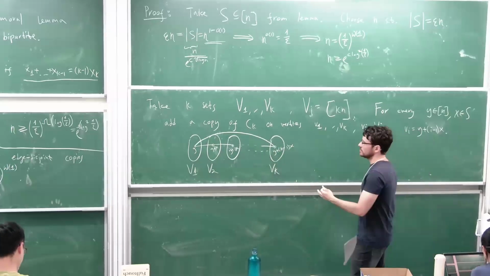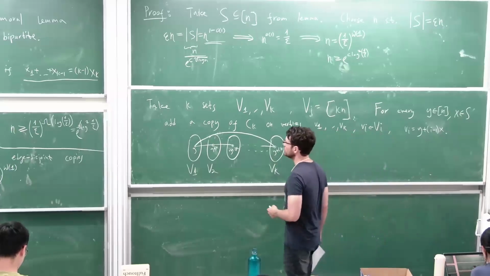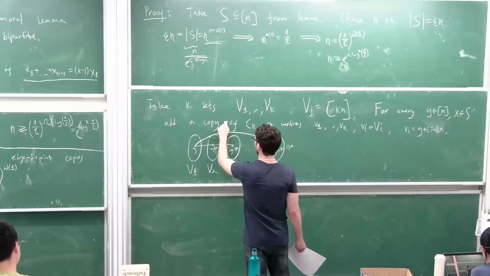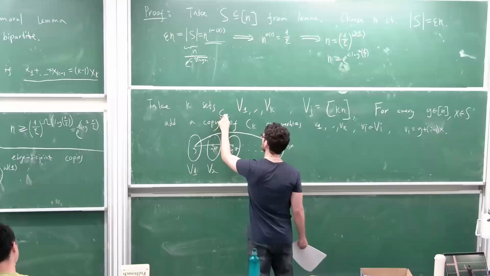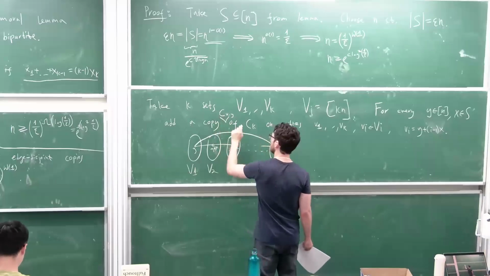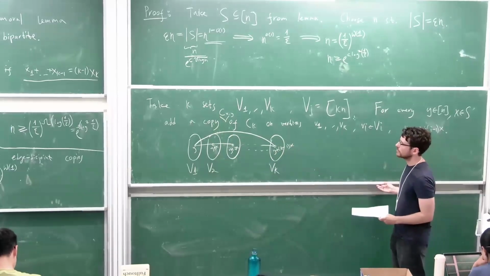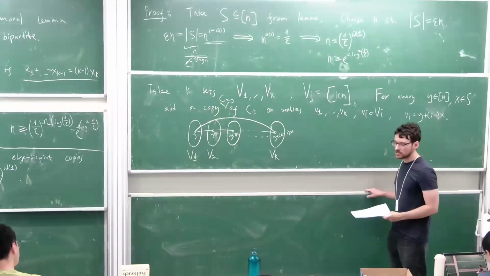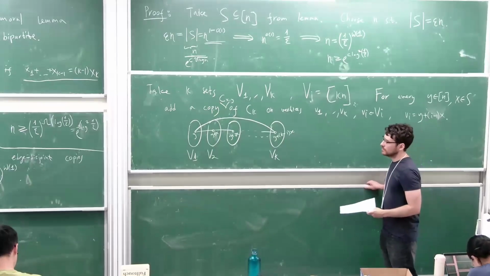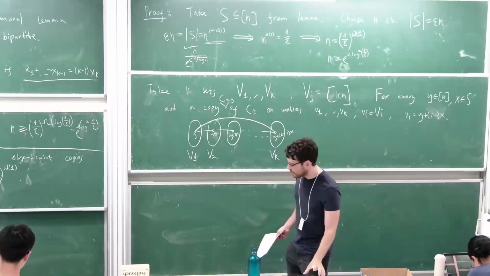So we add this copy, and let me give it a name. Just call it C of x and y. So this is the construction, and now we want to understand how it works.